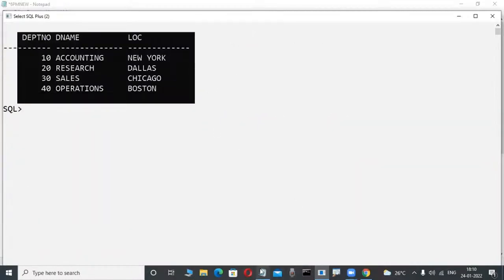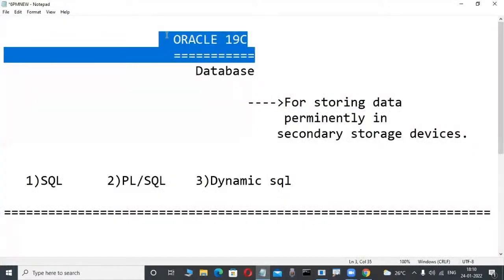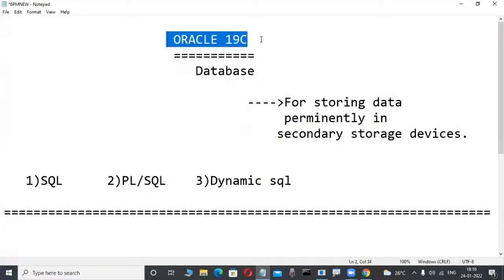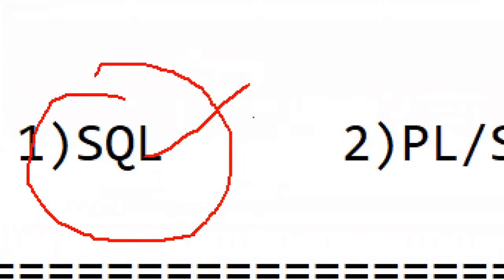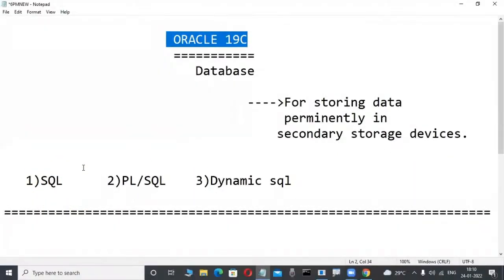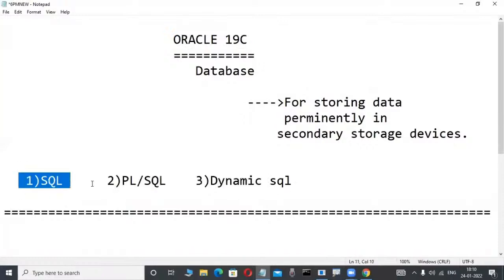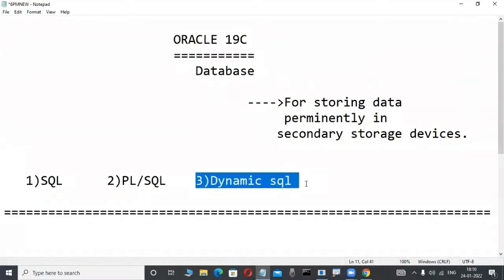Now for operating these relational data model products, one universal language is there. What is that? SQL, structured query language. But to operate the Oracle product, not only SQL but three languages are there: one is SQL, another is PLSQL, procedural language extension for SQL, and another is dynamic SQL.